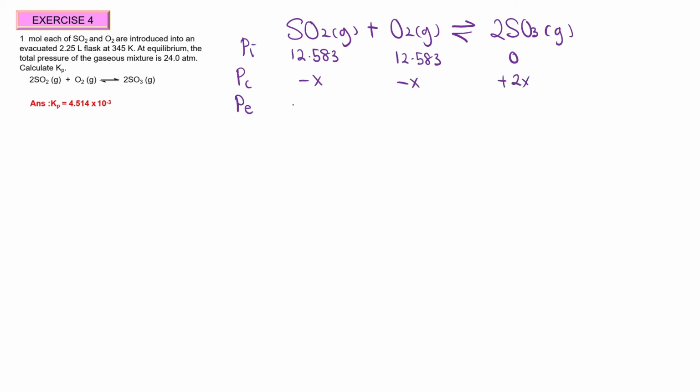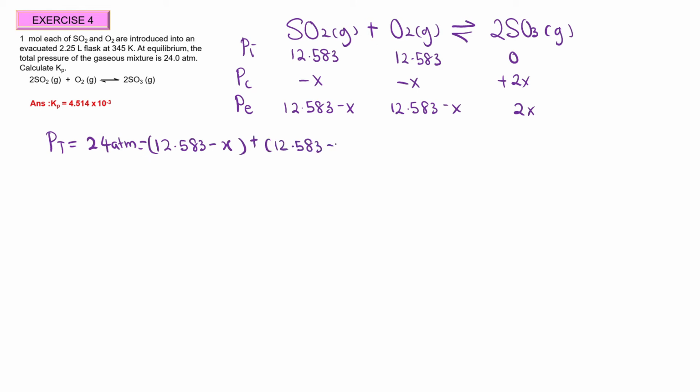The pressure at equilibrium is 12.583 minus x, 12.583 minus x, and 2x. So given P total, you are given the P total here earlier. P total is equal to 24 atm. So P total is equal to 12.583 minus x, plus 12.583 minus x, plus 2x.